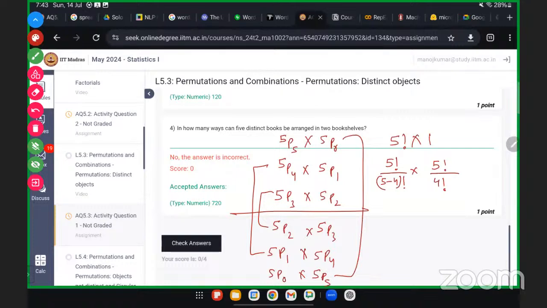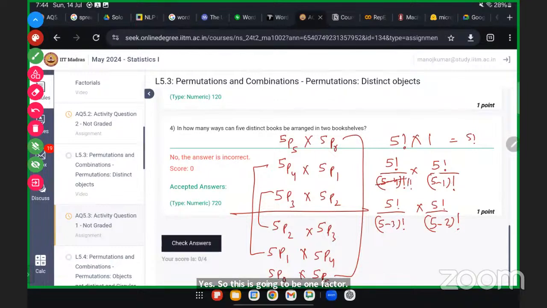Here, 5 minus 1 factorial. In this case, 5 factorial divided by 5 minus 3 factorial. That is 5 minus 2 factorial. So if I do this, 5 minus 4 is 1, so this is going to be 1 factorial.